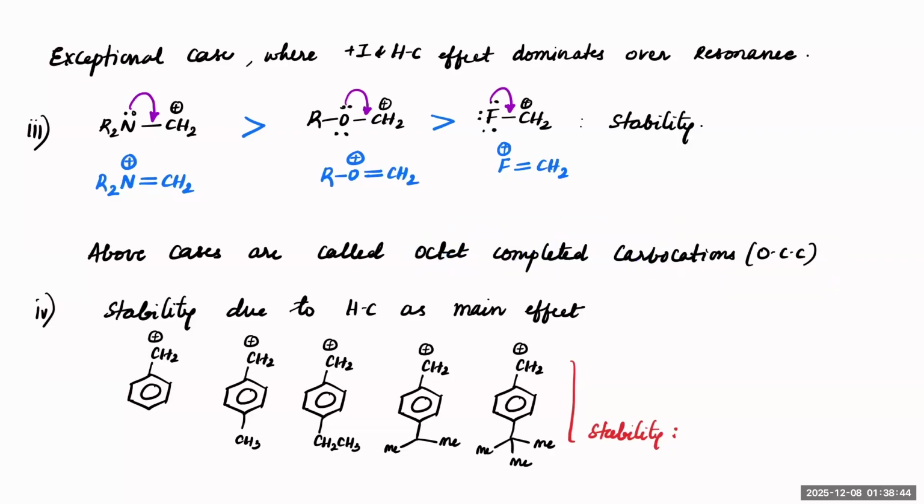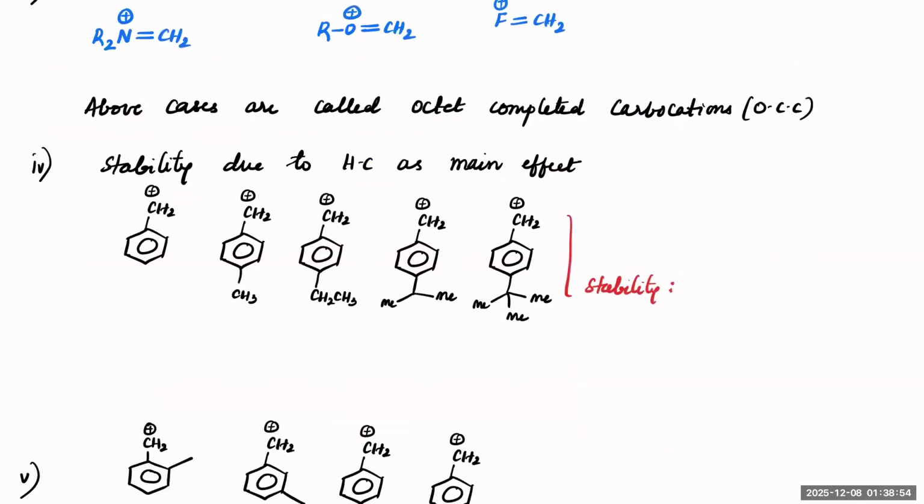Octet completed carbocations are, priority wise, the most stable forms of carbocations.